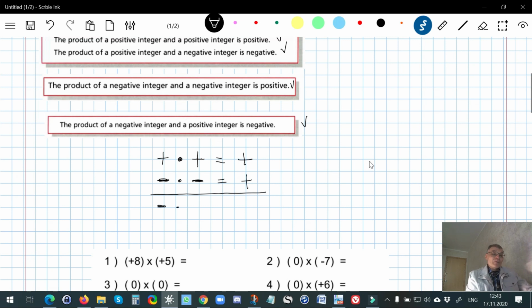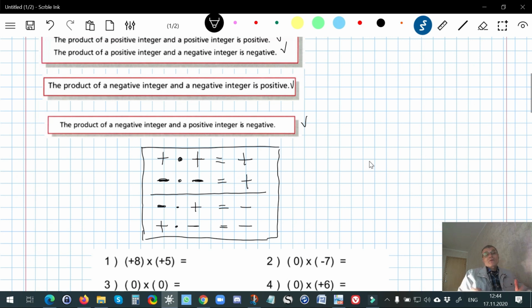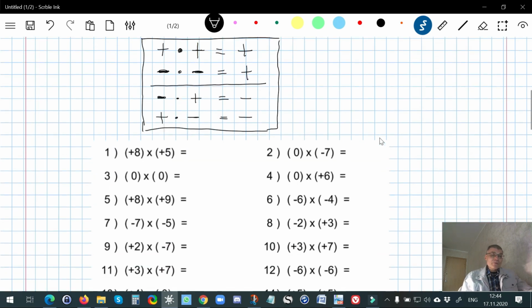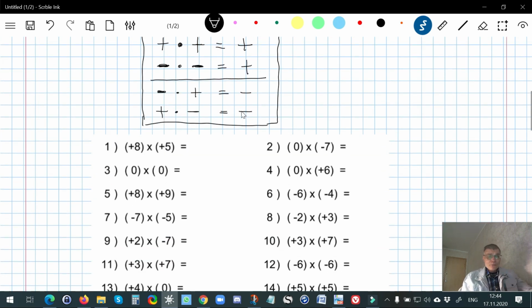Negative times positive gives us negative, and positive times negative gives us negative. Something like a mnemonic rule or a graphic rule. We understand that we can't multiply without numbers, but it's just the rule of signs. And let us do some practice applying those rules.